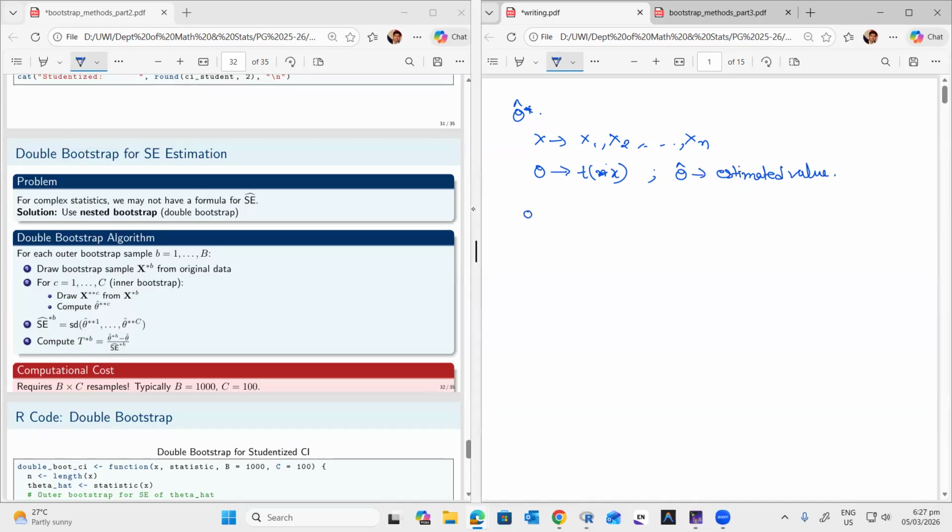One is called the outer bootstrap, denoted by x star b, where small b is drawn with replacement from the given original sample x1, x2 up to xn, b number of times, small b equals 1 up to capital B, which could be any number, say 1000 times.